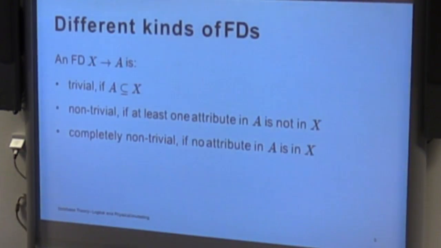And there are a few different kinds of these functional dependencies. So the trivial one is when the part is pointing at itself, and that is always true.